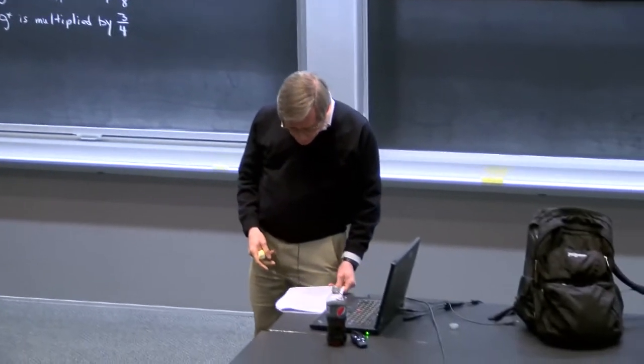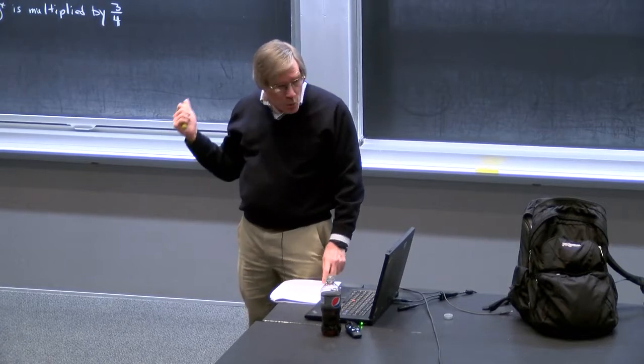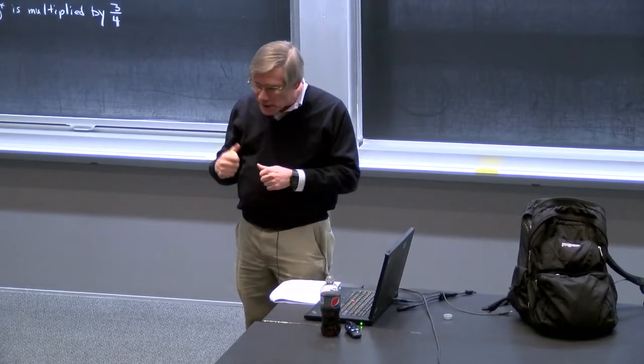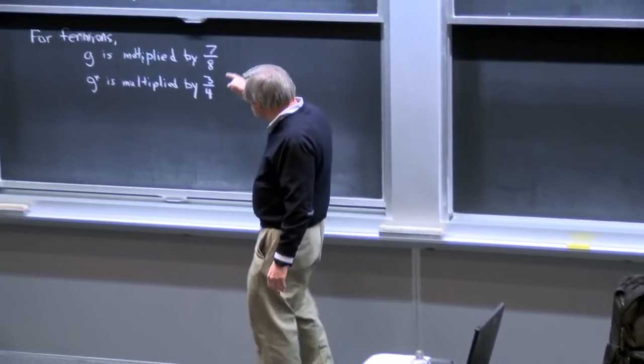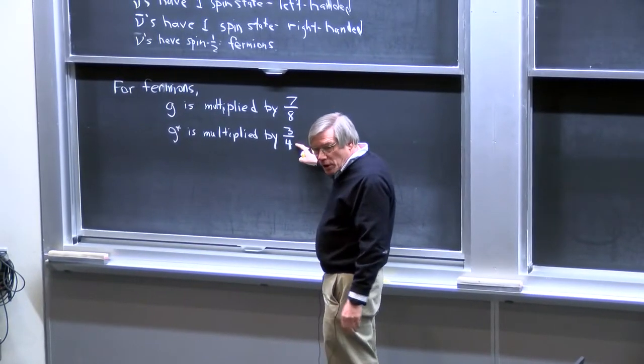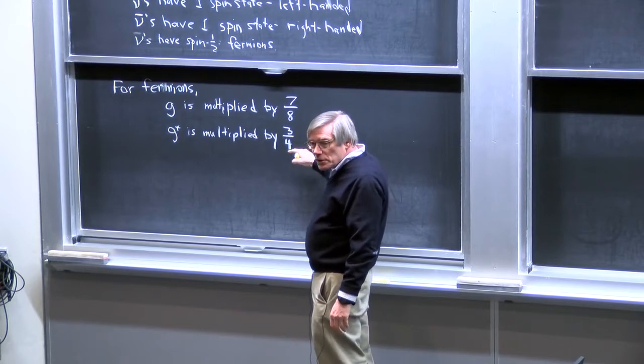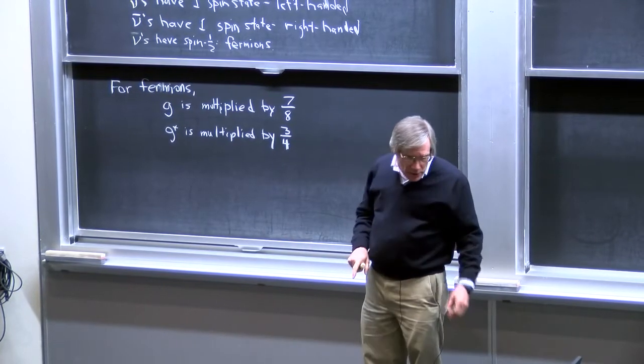So I think we could have predicted that these g's would get factors that are less than 1, simply because we're counting fewer states. I think we can also predict, without doing any calculations, that g should have a bigger factor than g star. Remember, g star is the factor that appears in the number density.